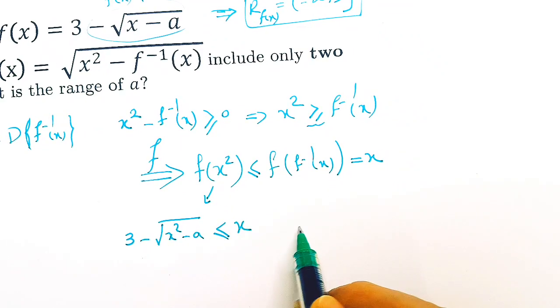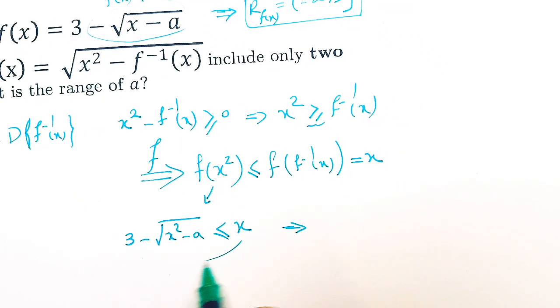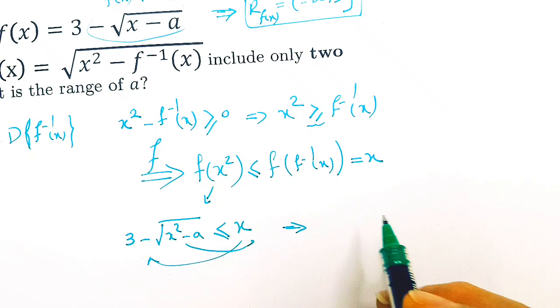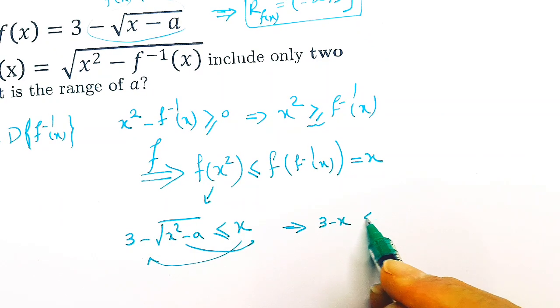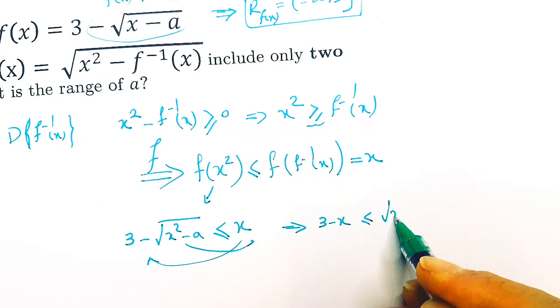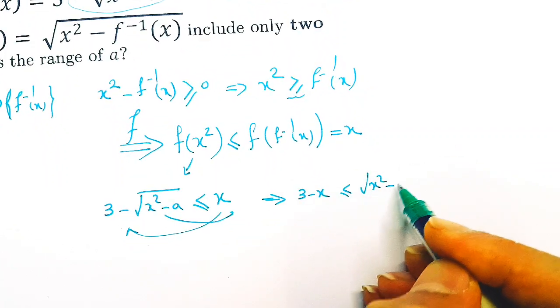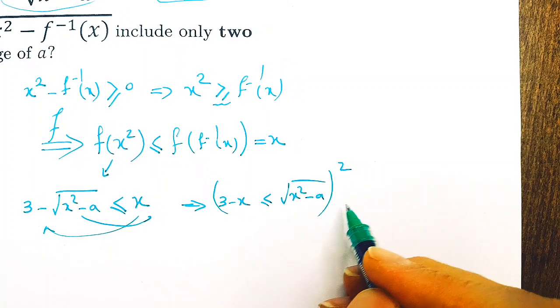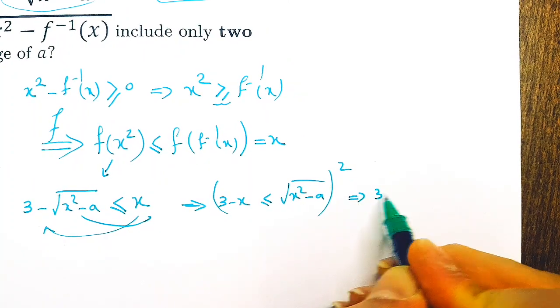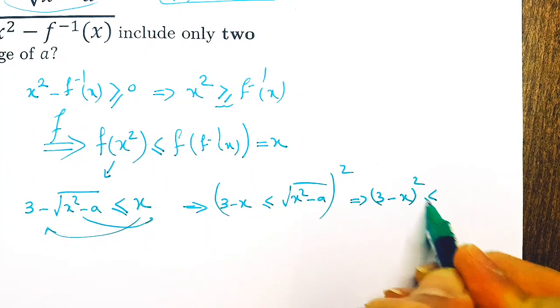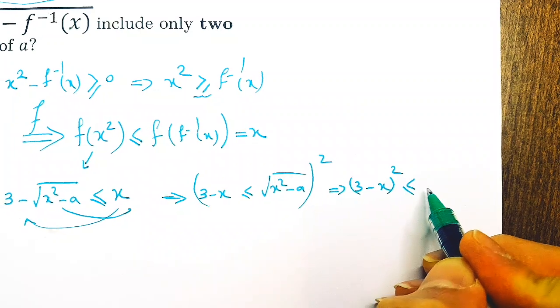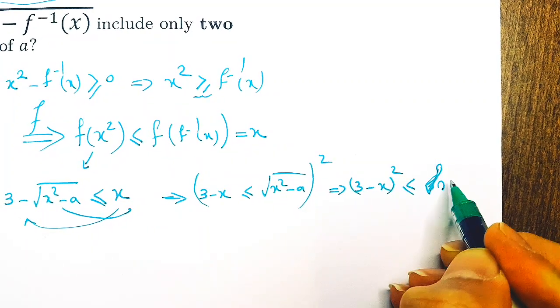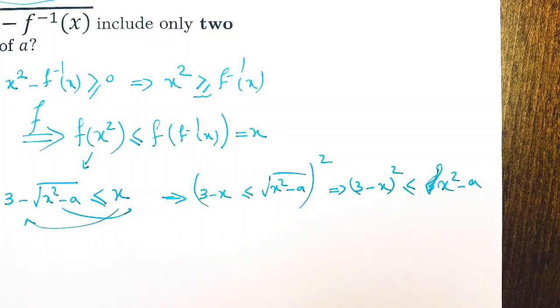Let's simplify this inequality. We take x to this side and the square root to the other side. So 3 minus x is going to be less than or equal to square root of x squared minus a. Take both sides to the power of 2. Then we will have 3 minus x squared is less than or equal to x squared minus a.